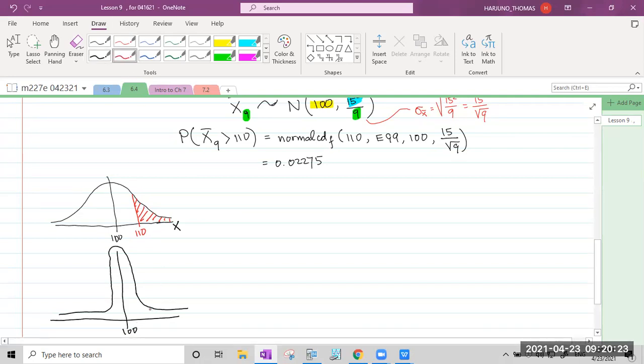And to get 110 or above, the probability becomes small. Okay, that's the distribution for X bar. That's what actually happened.